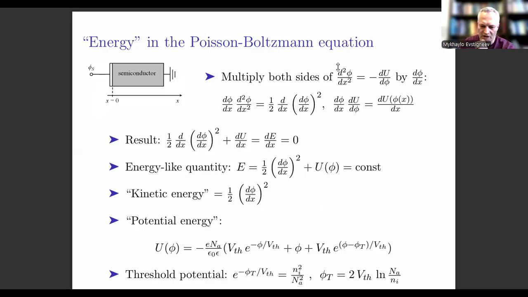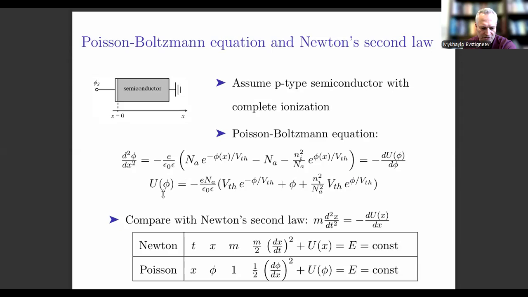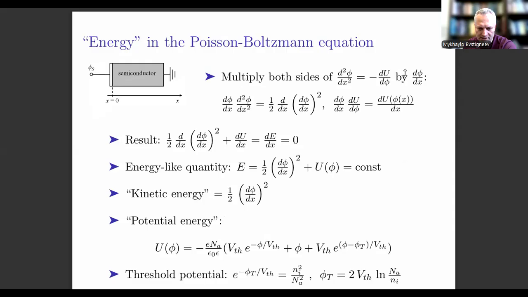The second derivative of the potential with respect to coordinate x is negative du by d phi, where the potential u is defined by this formula. Multiply both sides of this equation by the derivative d phi by dx. Using this identity, if I multiply the second derivative d2 phi by dx squared with d phi by dx, it is the same as taking the derivative of d phi by dx all squared with respect to x, and multiplying the result by 1/2.